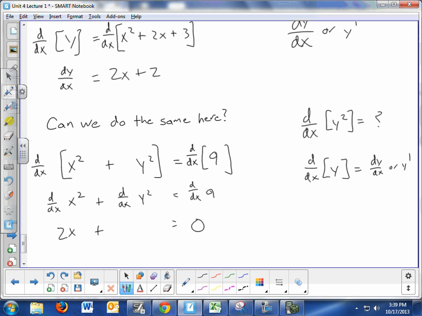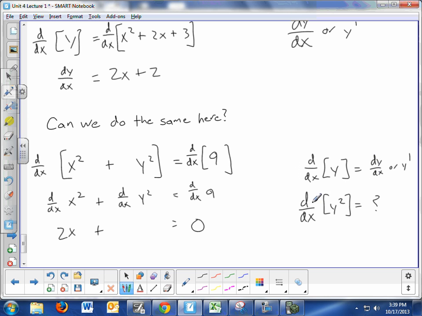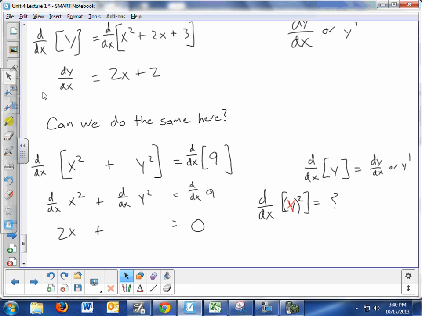Okay? Well, let's treat this as a chain rule problem. Let's put parentheses around y and treat that as like a big red X. What's the derivative of that big red X squared? 2x, right? But instead of the big red X, we put y.